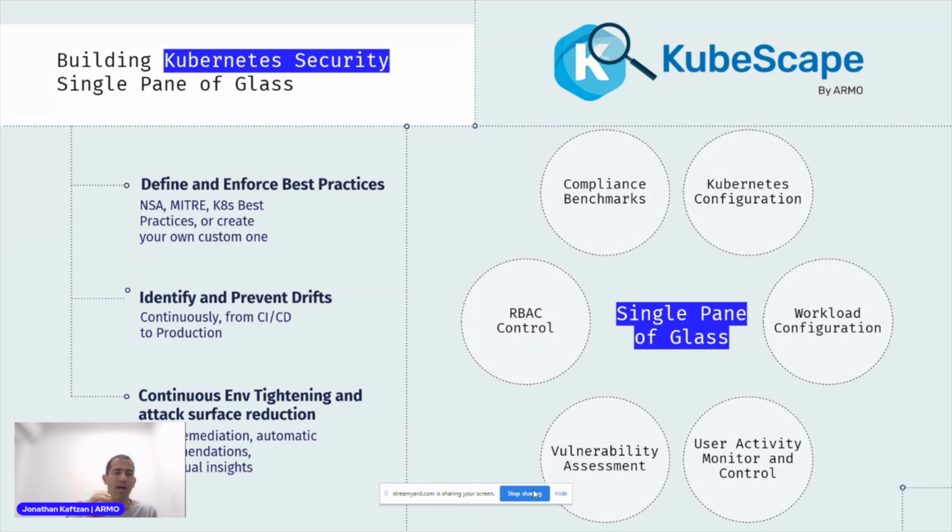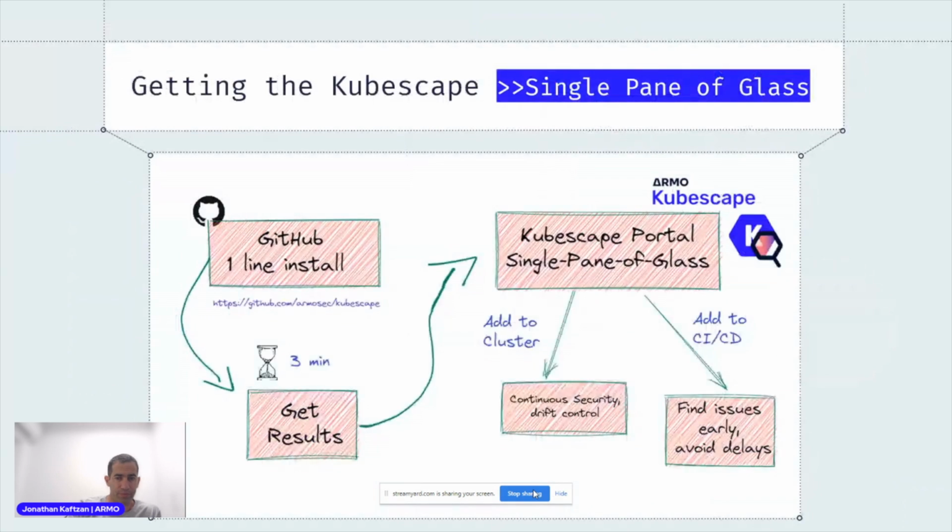We actually tell you exactly where the problem is, up to the YAML file, the line in the YAML file that needs to be changed, including a recommendation on how to change it, right? And so I think these are the main things that you can do with Kubescape today. And as I said, we keep developing it and enhancing it with different features and capabilities together with the community as an open source project.